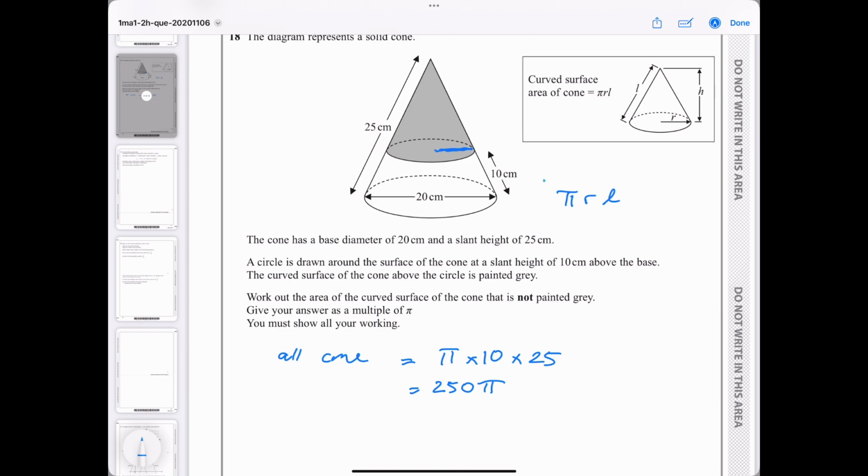I have a slight question as to whether we have to do the actual circle underneath. But anyway, now proportionately we need to find out, this is 20, and this is 15.